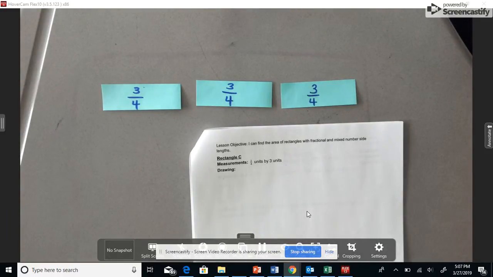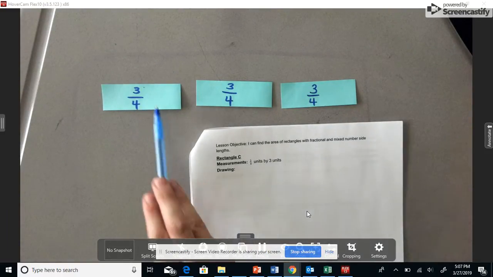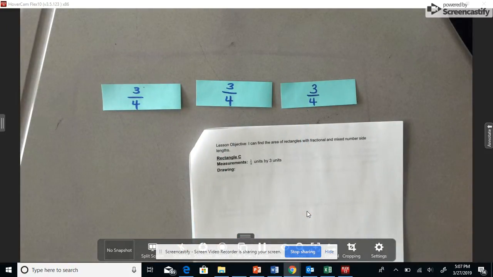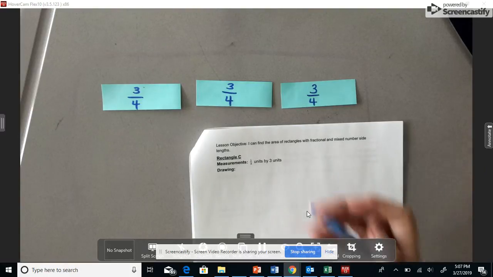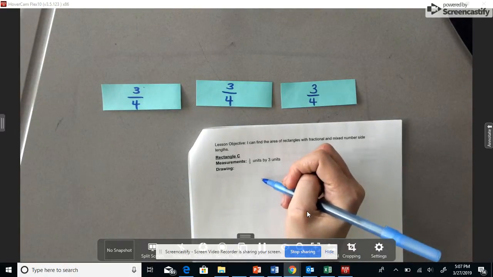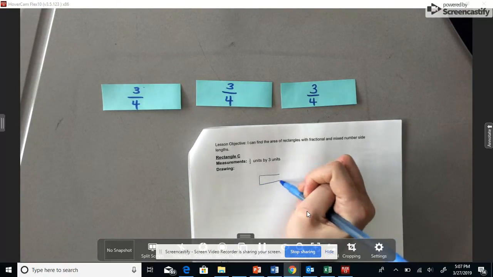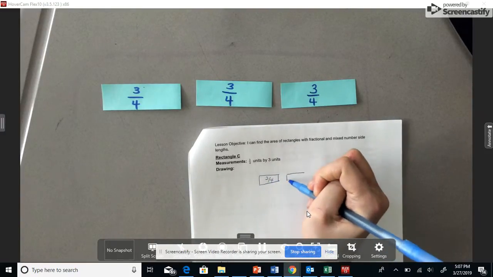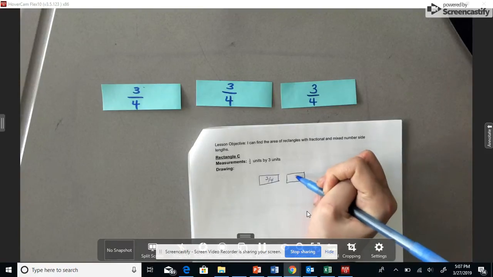There it goes. So we literally have 3 groups of 3/4. We could do 3/4 plus 3/4 plus 3/4, or we could just multiply 3 times 3/4. So we're going to do our drawing. Remember, each one is 3/4. If you need more room, you can write it under.